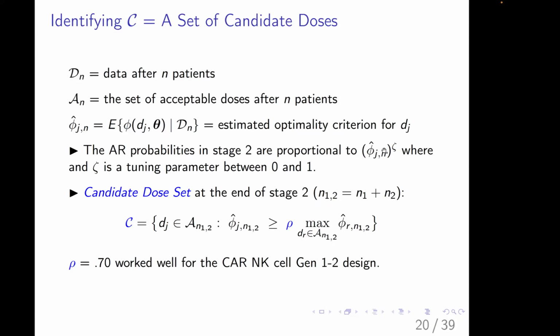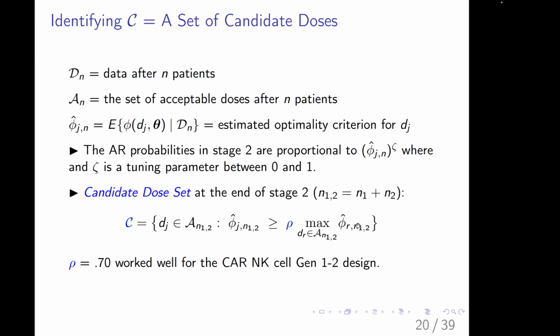You can make them proportional to this estimated early success criterion raised to some parameter. The tuning parameter can be 1 or 0.5 or something like that. And so the candidate dose set, if you look at this expression, in words, all this says is to be in the candidate set, the estimated optimality criterion for that dose d_j has got to be at least rho times the maximum value.